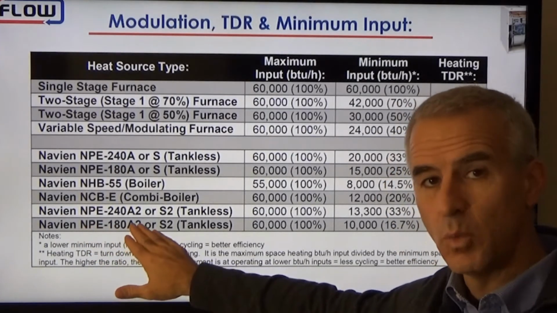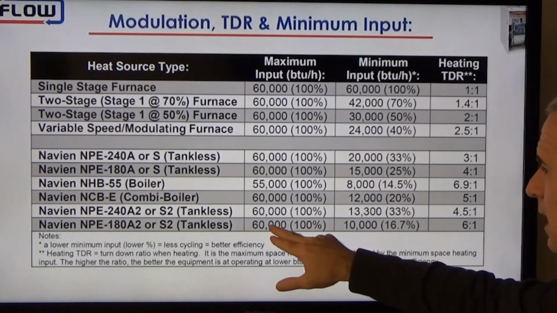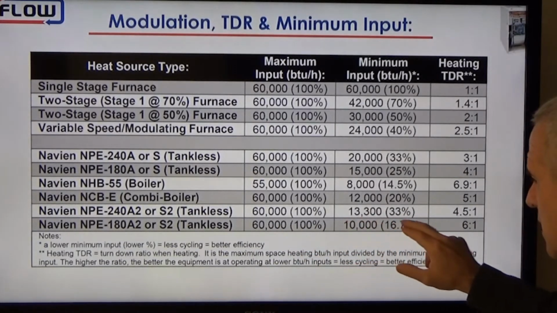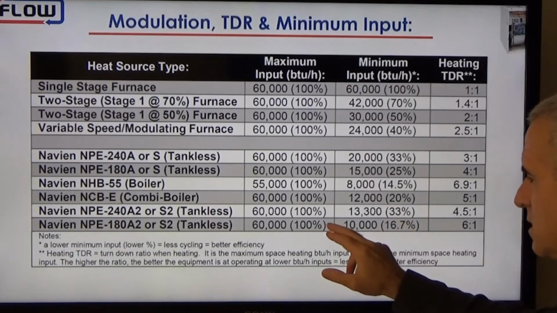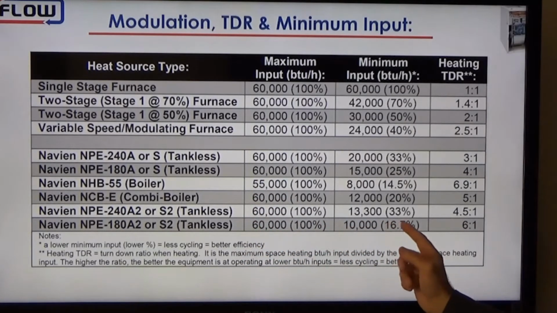And then the NP180 A2, again 15:1 turn down. It's going to come in at a minimum input of 10,000 BTUs compared to our 60,000 BTU heating input. It's a 16.7% minimum, 6:1 turn down ratio.